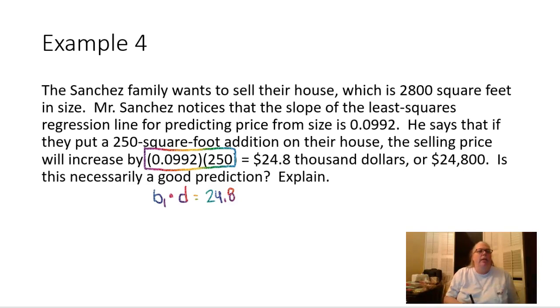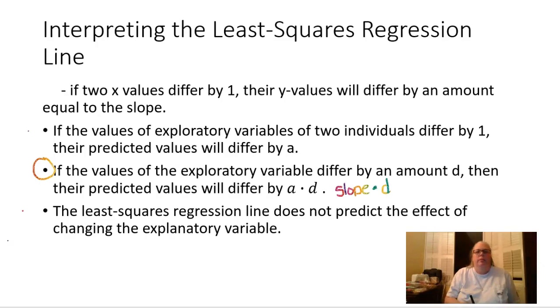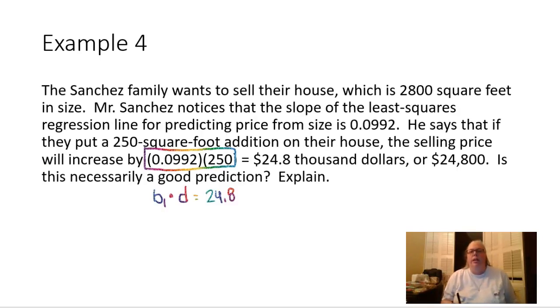Now let's back up to this point we had right here. If the values of the explanatory variable differ by an amount d, then their predicted values will differ by a times d, or we said this would be the slope times that difference. So we're looking at comparing two different values. Now, what Mr. Sanchez didn't take into account was he's comparing his house to his house.